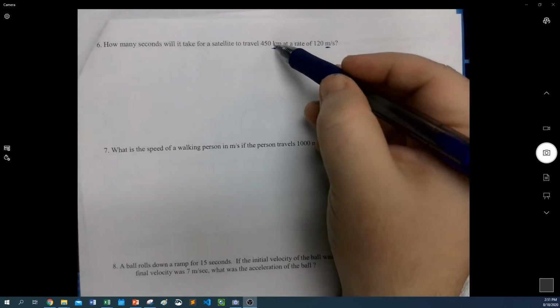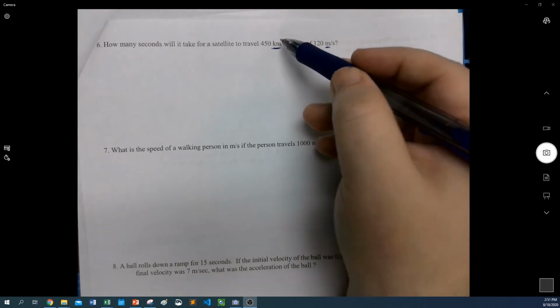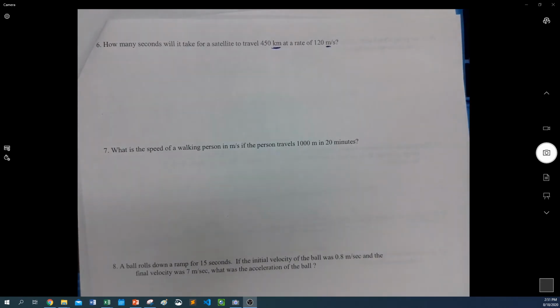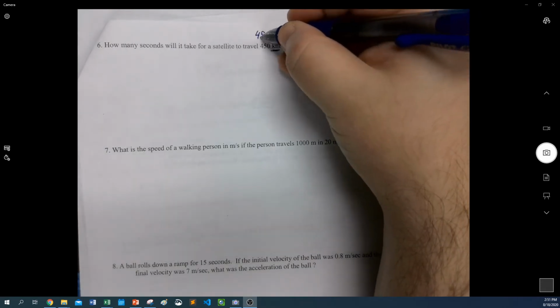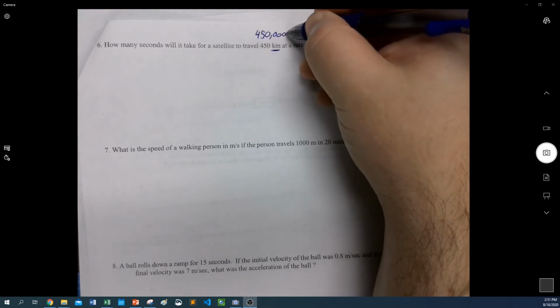How many meters are in 450 kilometers? What does kilo mean? 1,000. So 450 kilometers is the same thing as 450,000 meters.